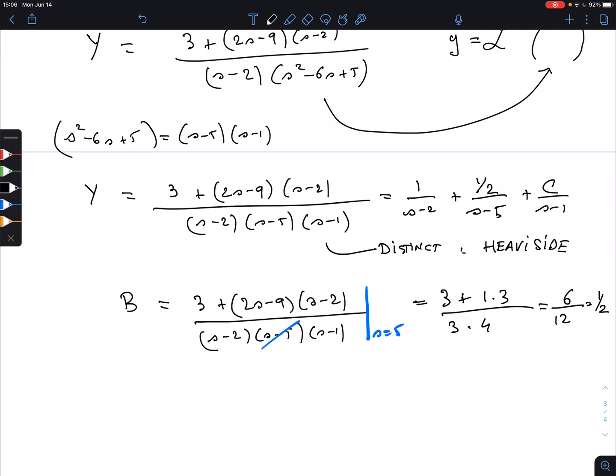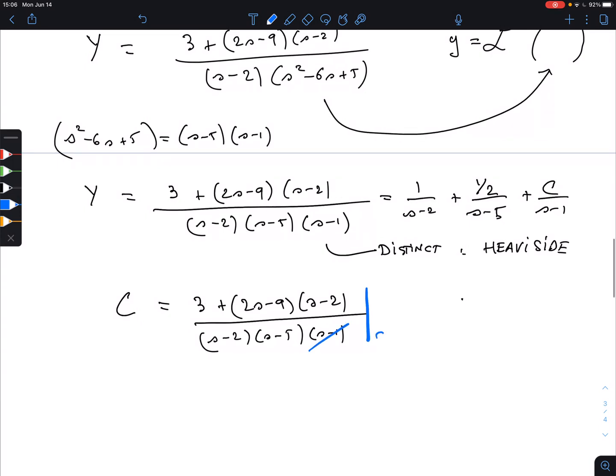And then finally C. So if we don't do this, we get a different number here. C is now the factor that we're dealing with, s minus 1, so this goes and we plug in s equals 1.